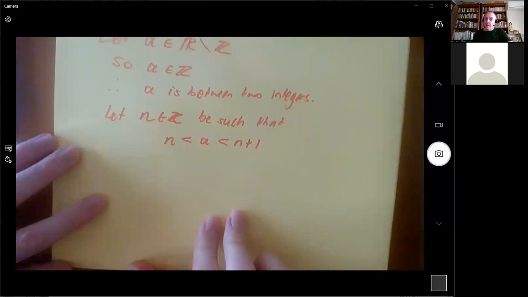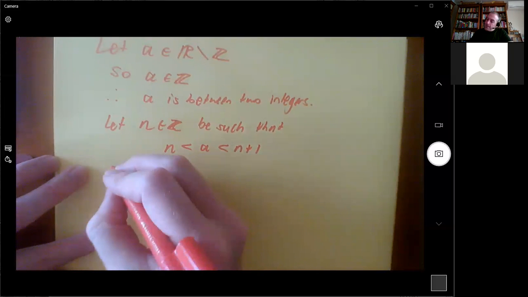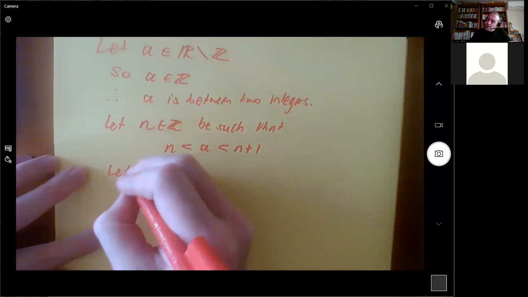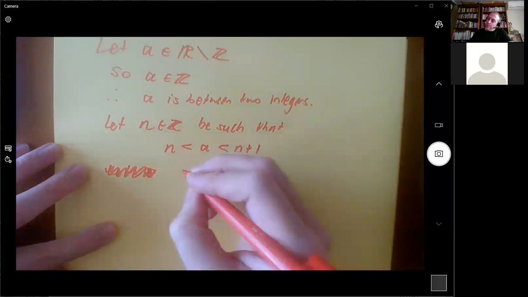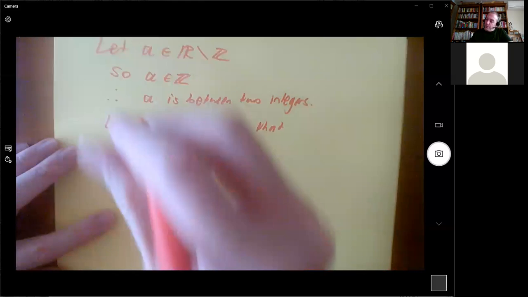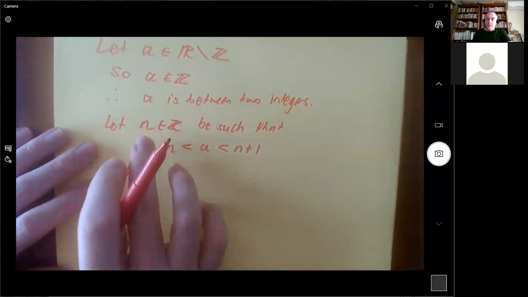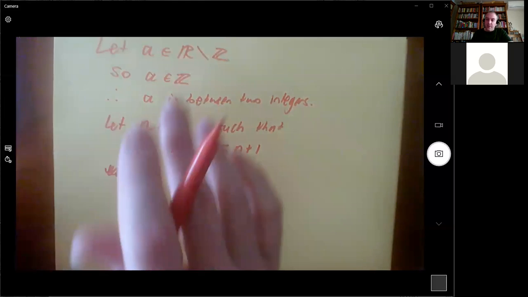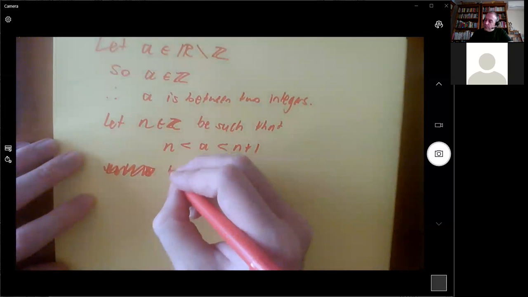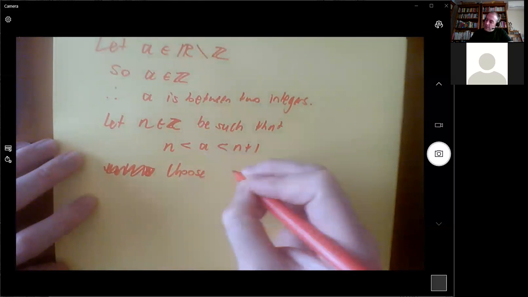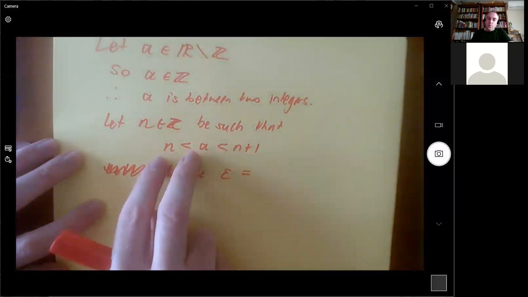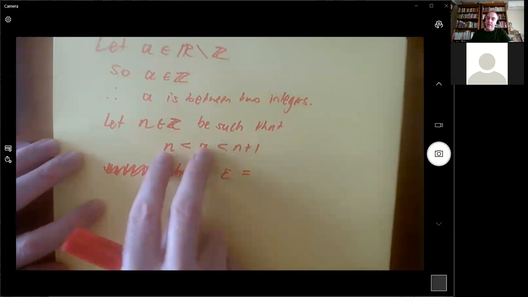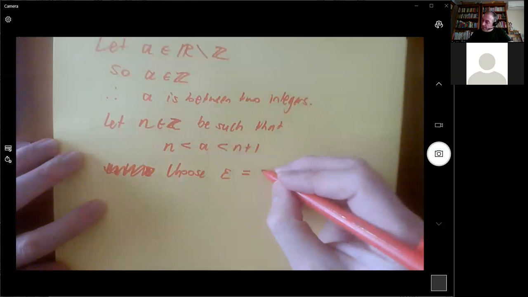So I'm going to say that epsilon is equal to, it might be easier to let people know that I'm going to choose this. So we're going to choose my epsilon to be the smaller of the two distances: between A and n, and between A and n plus 1.